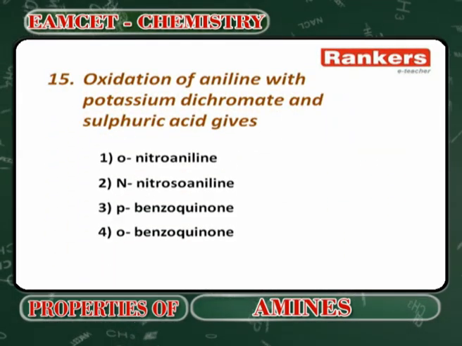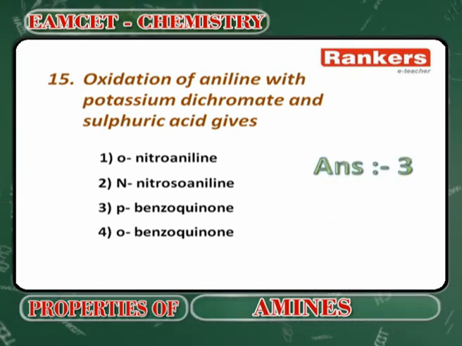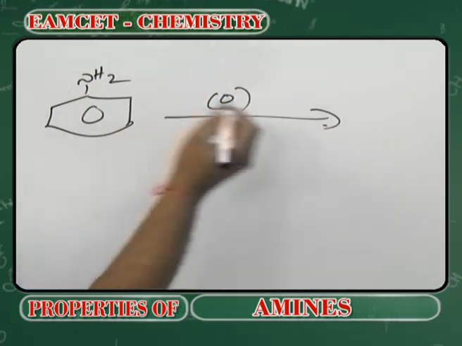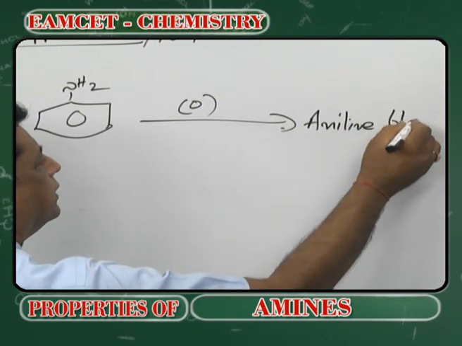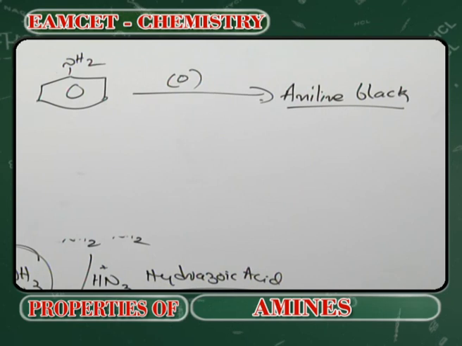Oxidation of aniline with potassium dichromate and sulfuric acid. Aniline is a very ring-activated compound, it undergoes easy oxidation. If you use any oxidizing agent, you will get aniline black, a black compound which is used as ink in several ink pens.